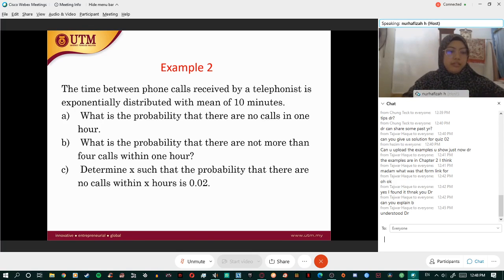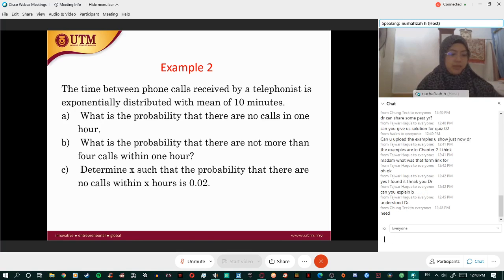The A and B. No need to explain. I will explain to you. For this one, okay.